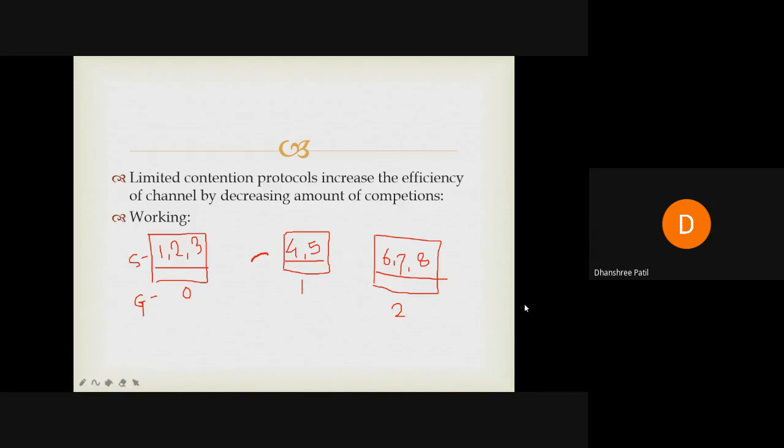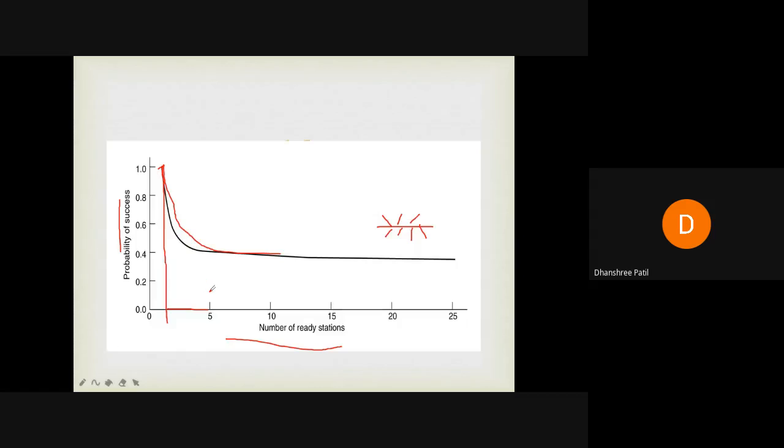What is done over here is we have just minimized the number of stations. So obviously if the number of stations is minimum, the chances of getting access to a channel are high as per this diagram.